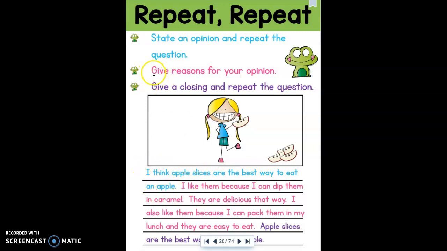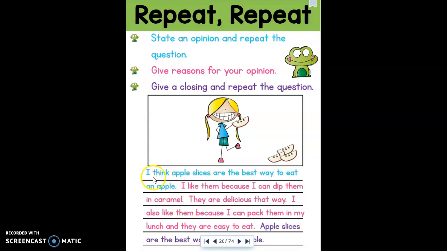Then with the pink, it says, give a reason for your opinion. So here, this child has given lots of reasons. I like them because I can dip them in caramel. That's one reason. And then they say they're delicious that way. I also like them because I can pack them in my lunch and they are easy to eat. So they've given a couple reasons why they like apple slices the best. You only need to give one reason.